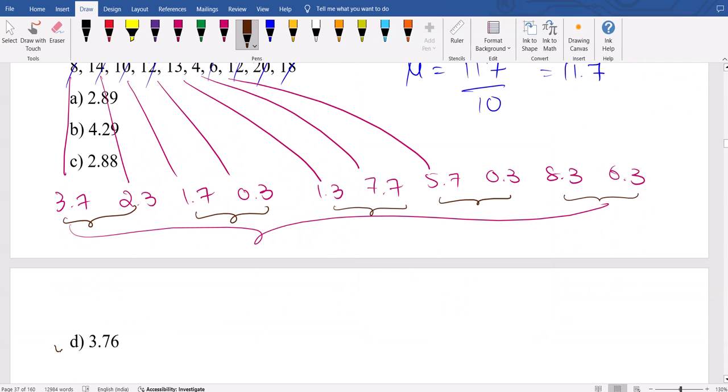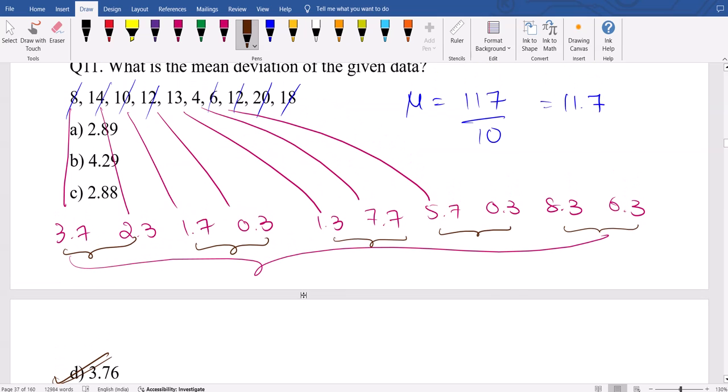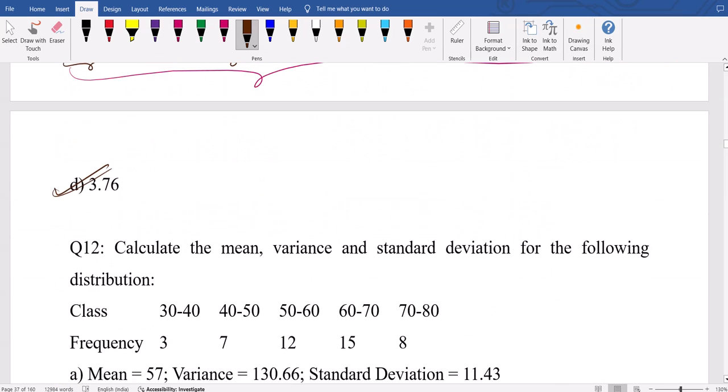Option D is correct. 3.76 is your answer. So first calculate the mean. Deviation is how your number is differentiated from the mean, how far it is, how much it's deviated. The difference should be positive. Don't keep it negative. Difference should always be positive. That's why I'm using the modulus. D there stands for deviation.